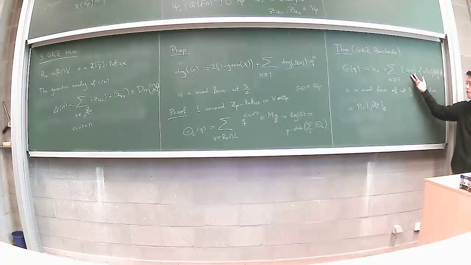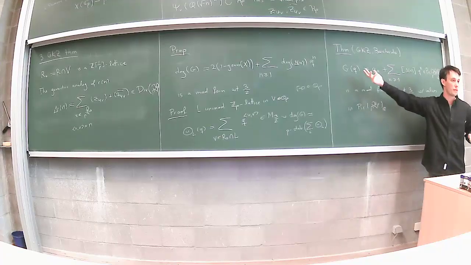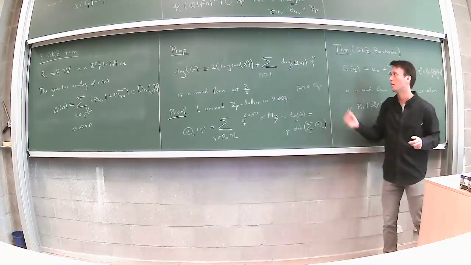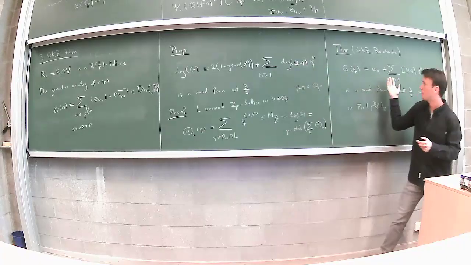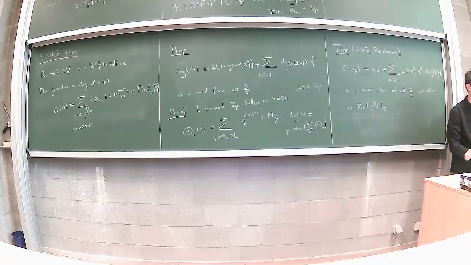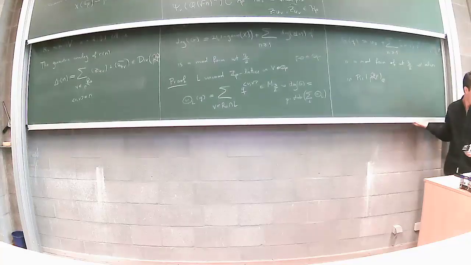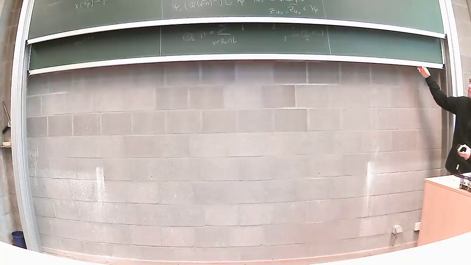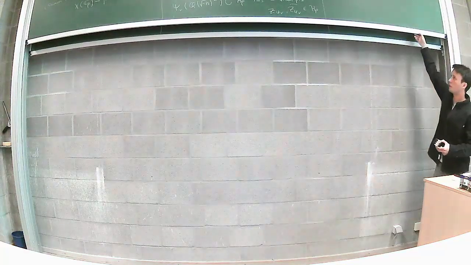An example of a functional would be the degree map, and the statement that this is a modular form would be this proposition over here. But there are other very interesting functionals to apply, and this is the one that we'll focus on in a moment.